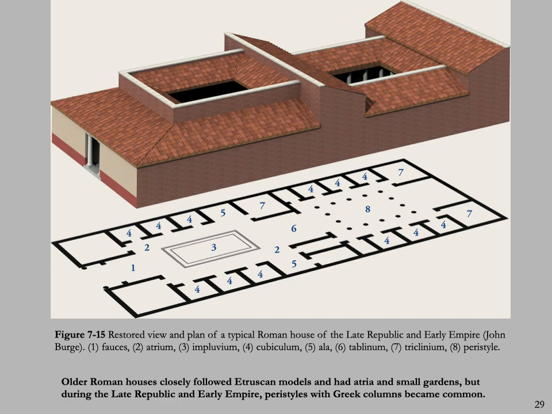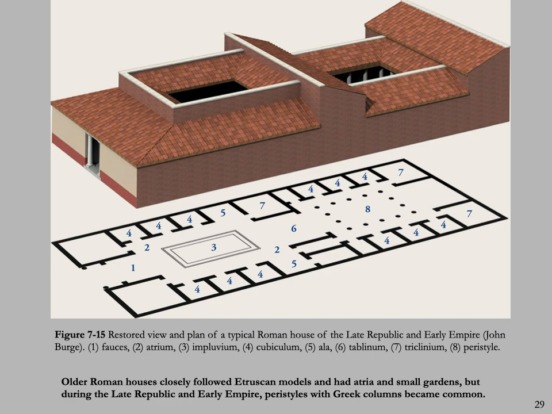Number 5, you have a place for ancestor shrines. Again, they're worshiping their ancestors, really exalting their ancestors. It's called the ala. Then you have 6, which is an office area, the tablinum. And then number 7 is the dining room. And then in number 8, you have this open air garden area, which is referred to as the peristyle.